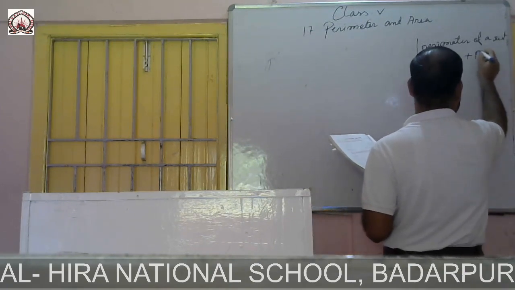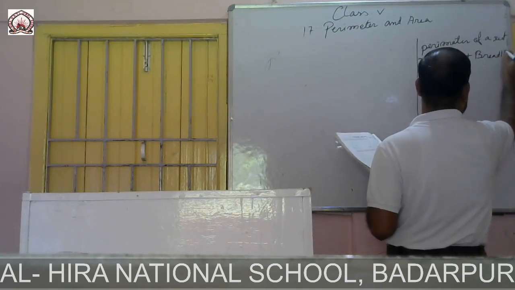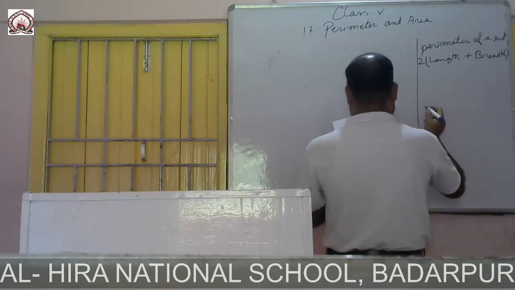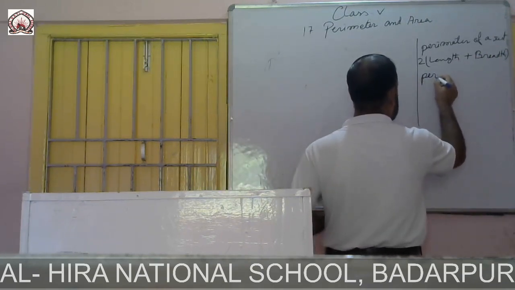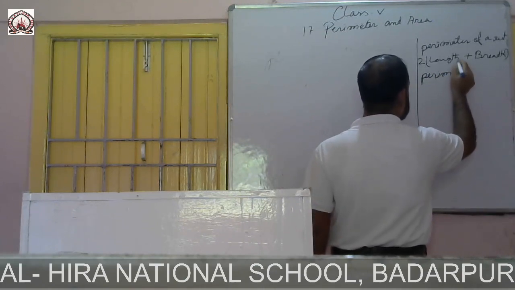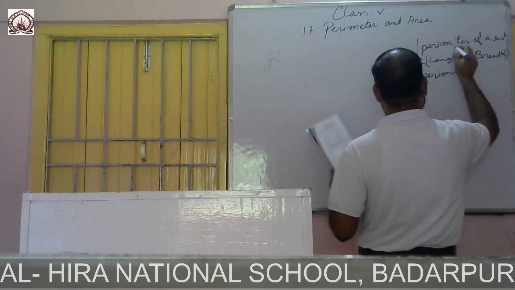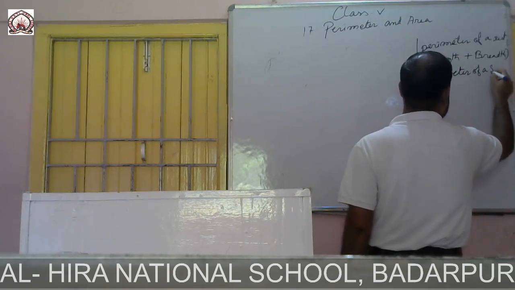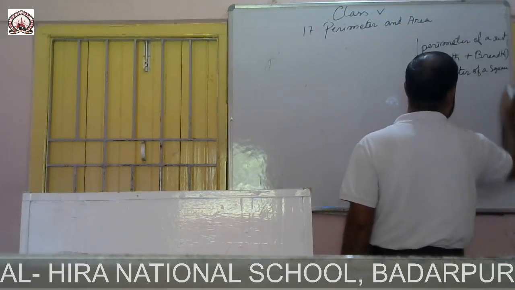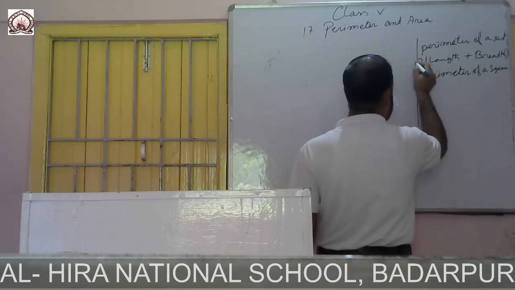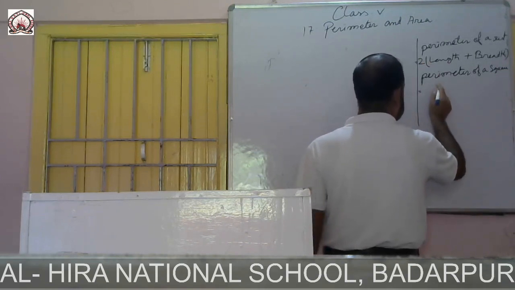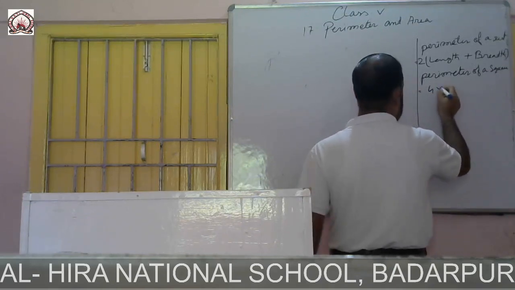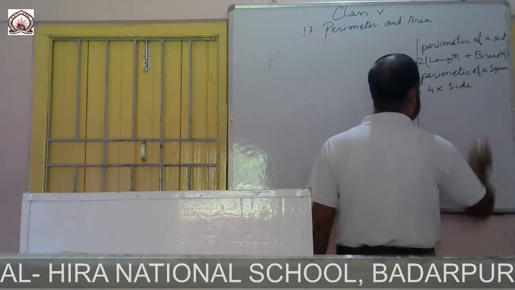Length plus breadth. And the perimeter of a square equal to 4 into side.